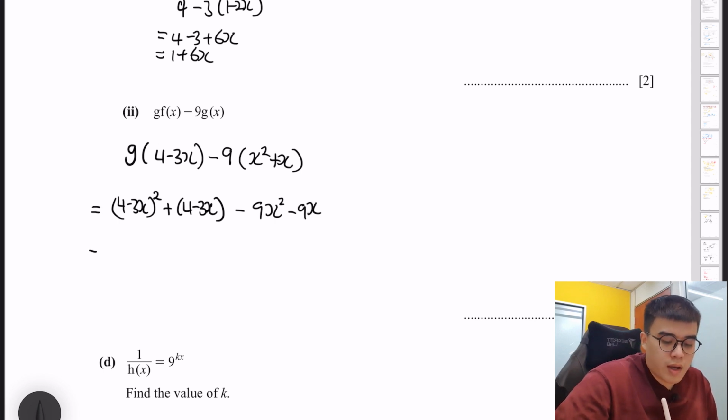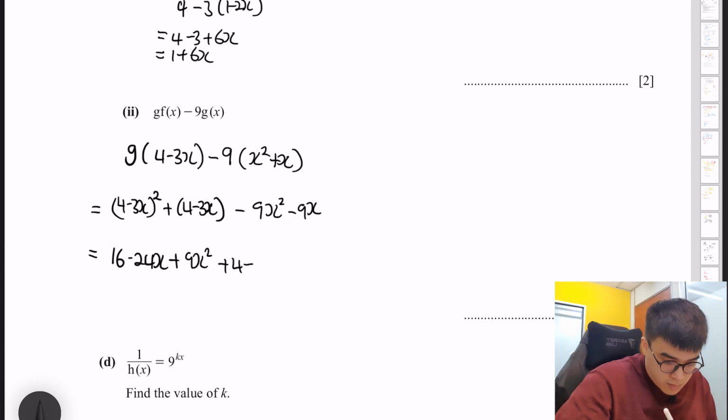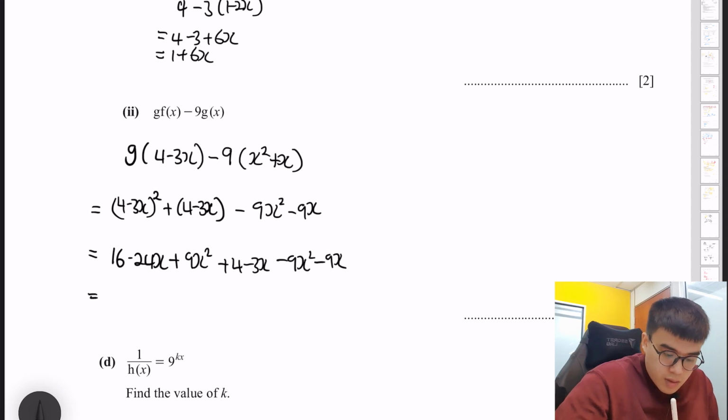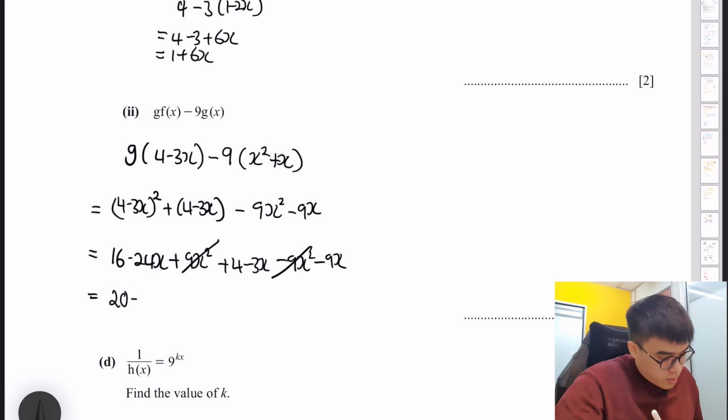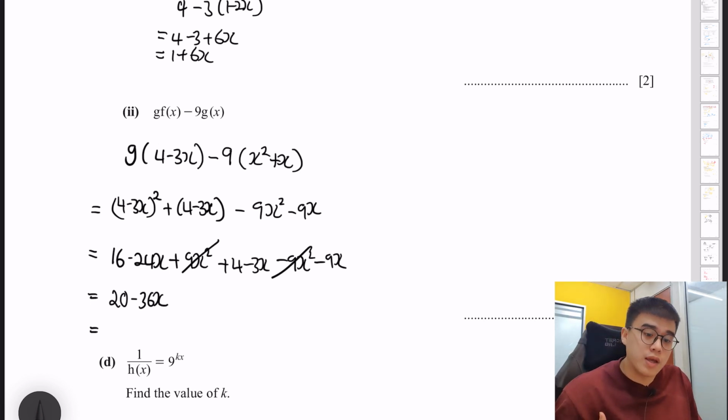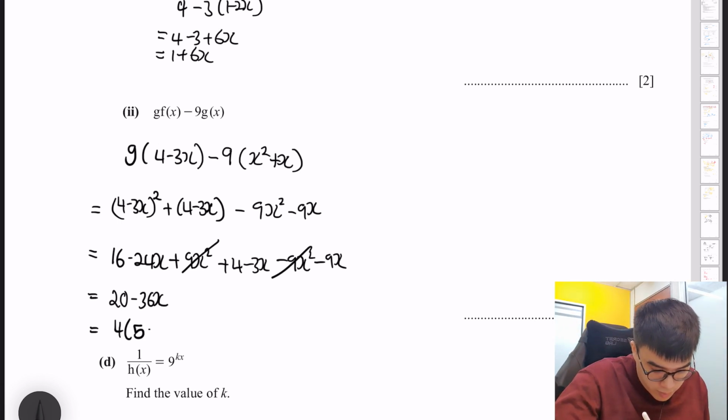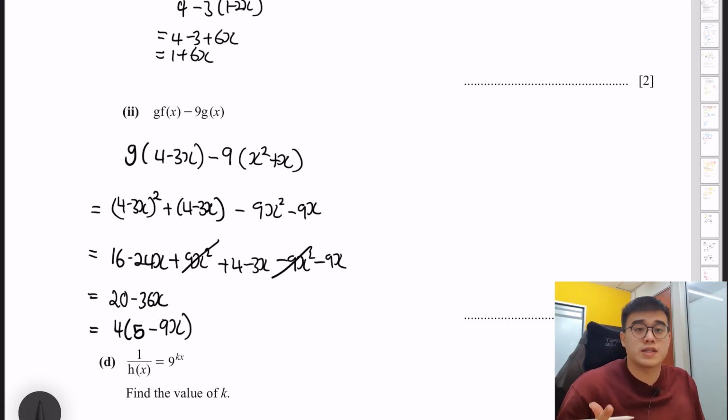So if you were to complete the calculation, this will be it, which is negative 36x. Or you can extract out whatever was repeating, in our case it will be 4. So 4 bracket 5 minus 9x will be my final answer.